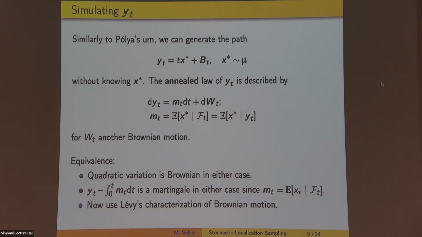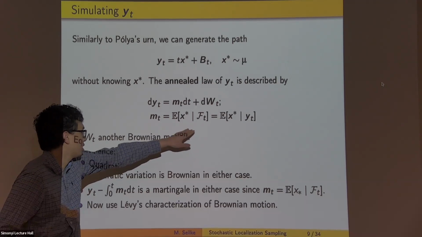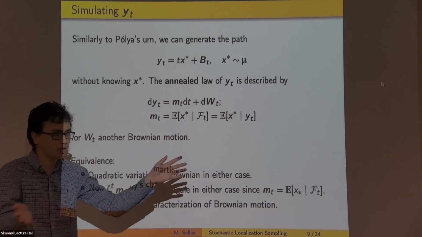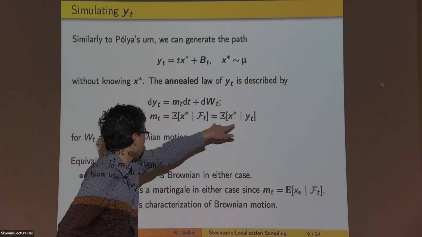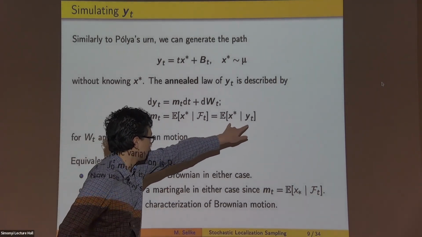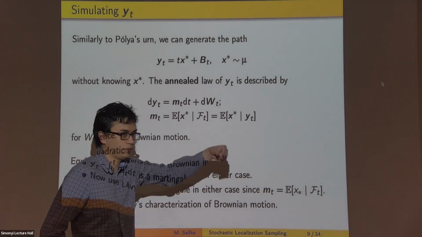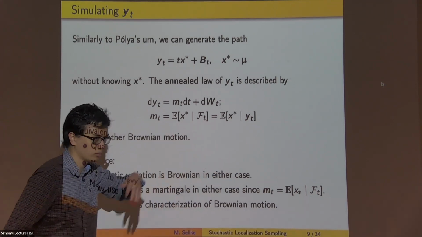What's F_t? Sorry, that's just some filtration up to time t. So it's just conditioning on everything up to time t, like the path and so on. It's the same filtration that you do with Brownian motion. It helps. Well, I guess it just depends on t is the point. Yeah. So what I'm saying is that all we care about is the current position y_t and not the whole path.